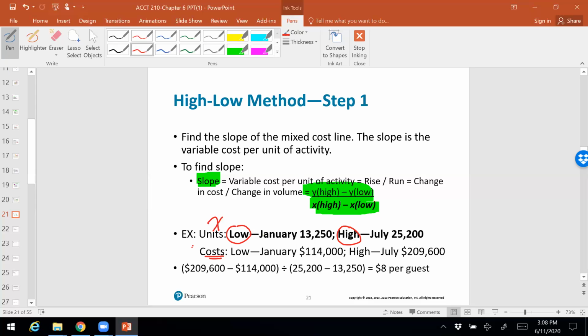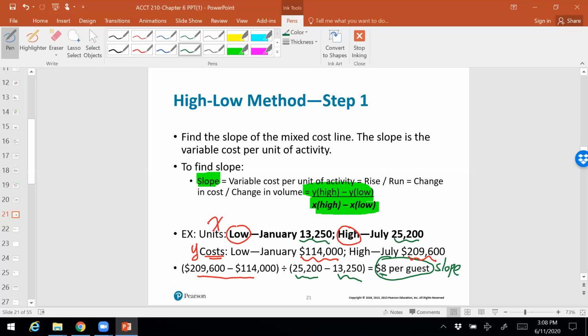The cost is Y. So we use high Y minus low Y, divided by high X minus low X. This will give us the slope. We found the slope is $8 per guest.